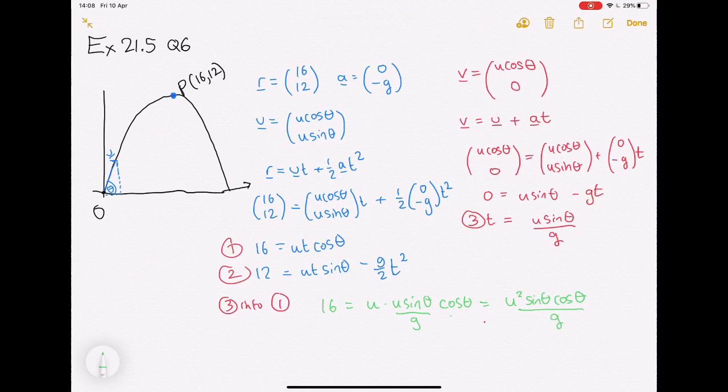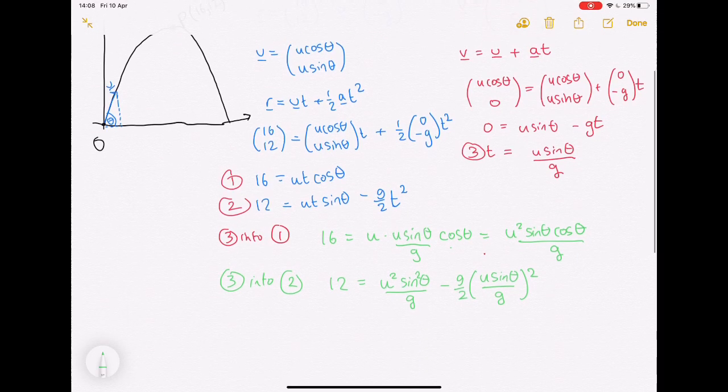If we put 3 into 2, we get 12 equals u times t, so u times u sine theta over g, so u squared sine theta over g, times another sine theta, so sine squared, minus g over 2 times u sine theta over g all squared. Let's simplify that.